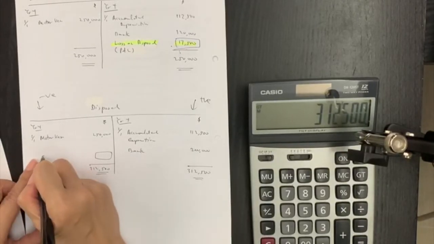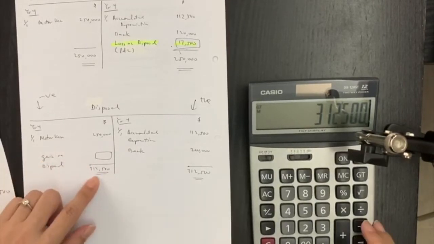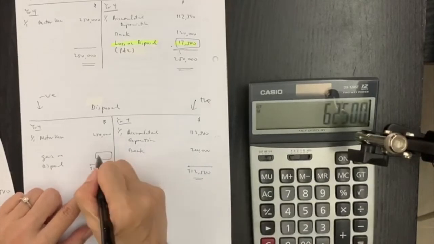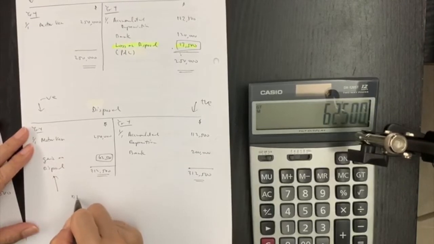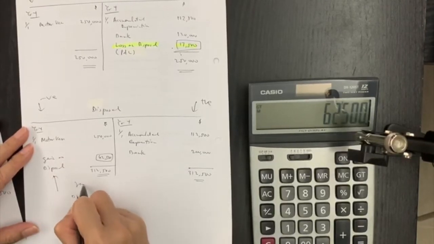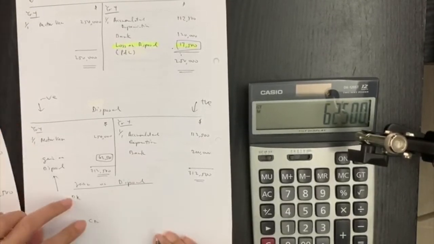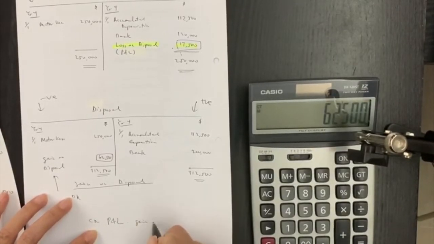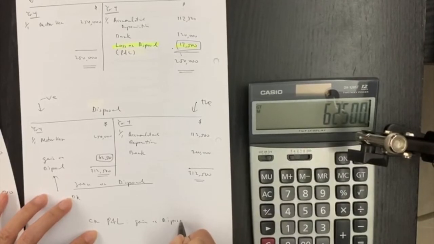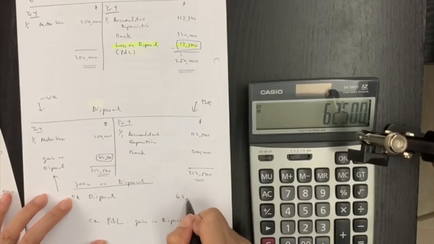All right, so therefore this time I have a gain on disposal, which is 62,500. Okay, so therefore my double entry for the gain on disposal will be a good thing in the profit and loss: credit profit and loss, which is gain on disposal, and debit disposal 62,500.